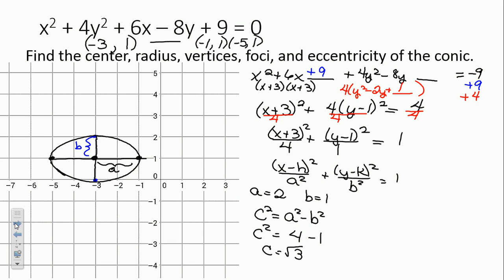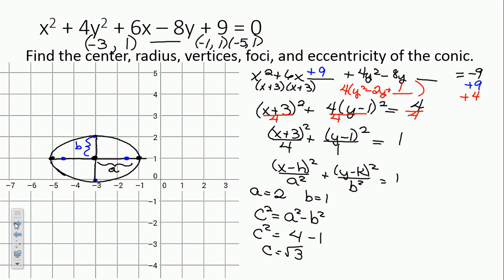So now we know, since c is the square root of 3, we need to go not quite 2 away, right? A little more than 1, because the square root of 3 is 1 point something. So our foci are going to be somewhere over here. And you won't be precise in your graphing of those. As long as you show me it's between 1 and 2 away, we're good.